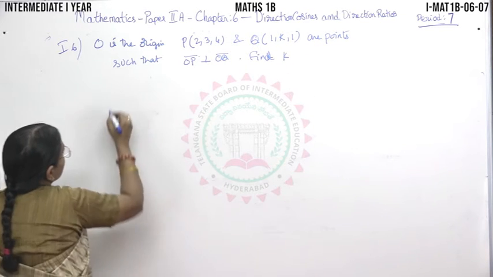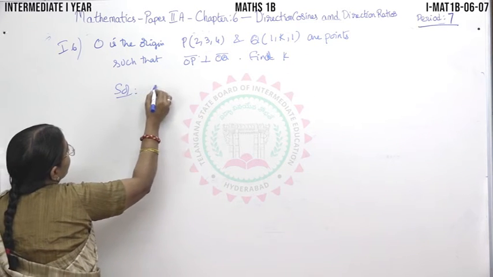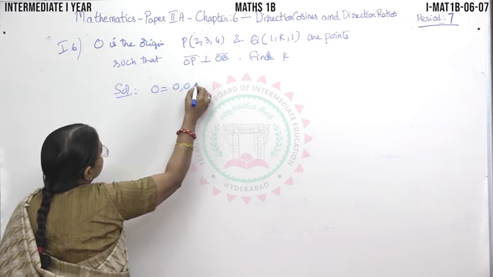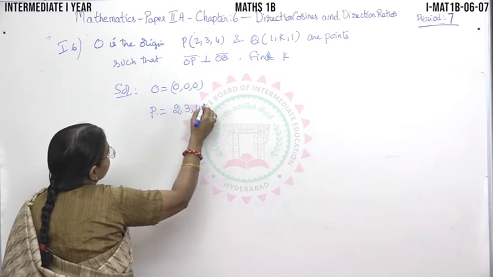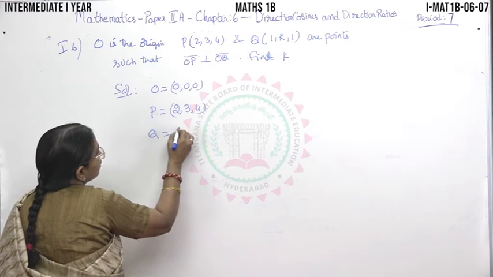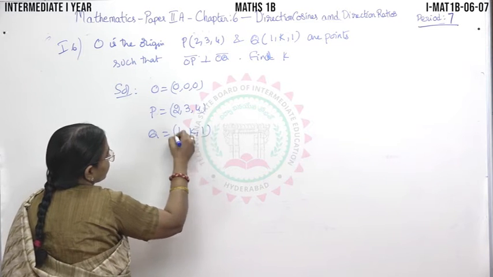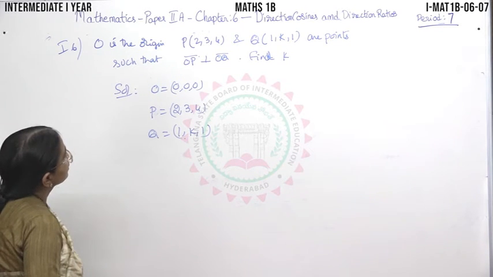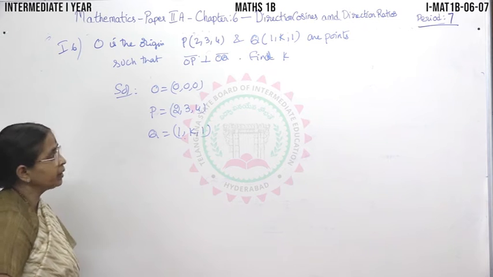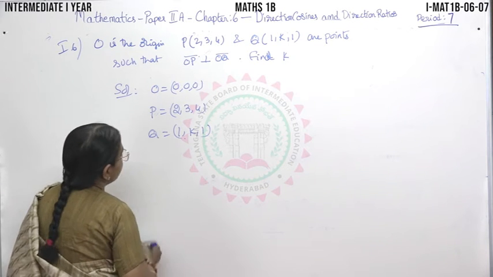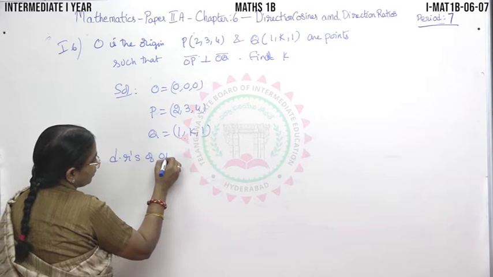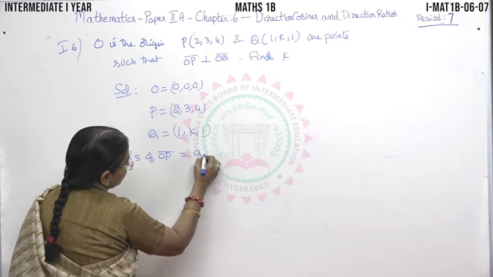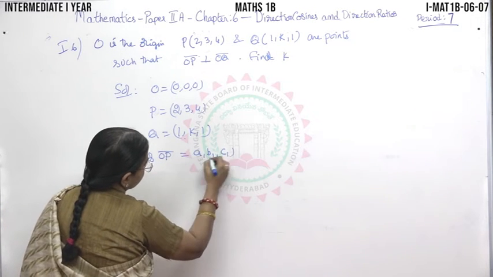Since O is the origin, you write O equal to (0, 0, 0), P equal to (2, 3, 4), and then Q equal to (1, K, 1). So these are the three points, and you are given that OP is perpendicular to OQ. So we'll find the direction ratios of OP, A1, B1, C1.